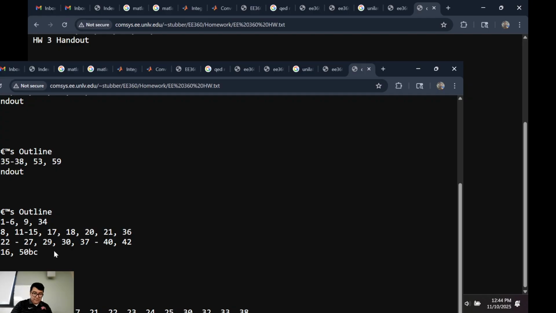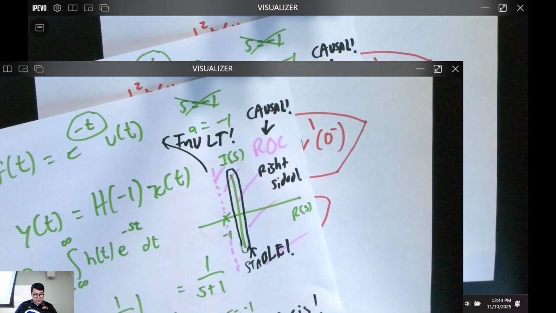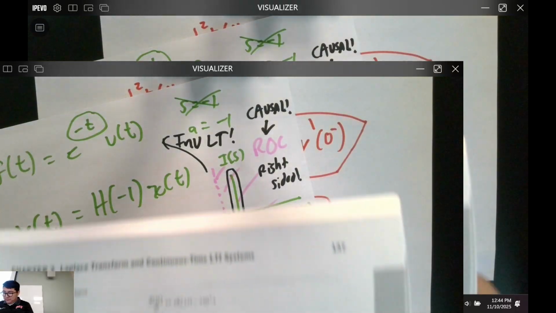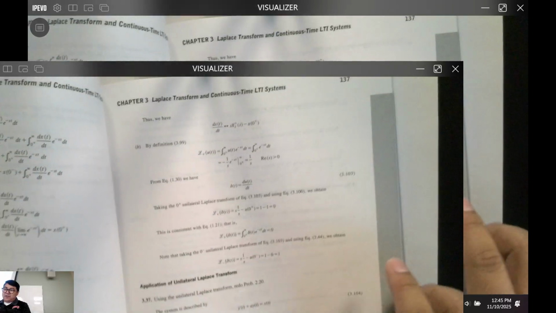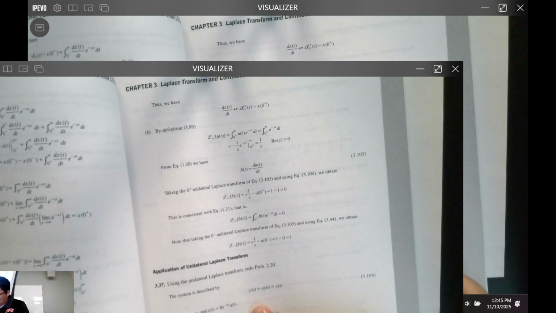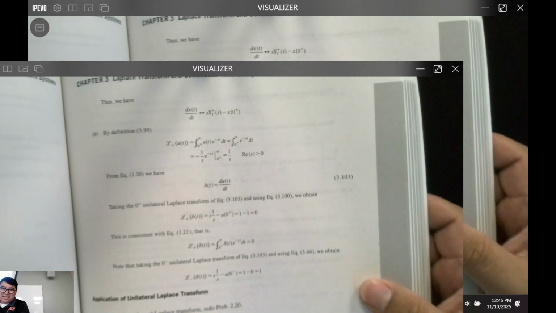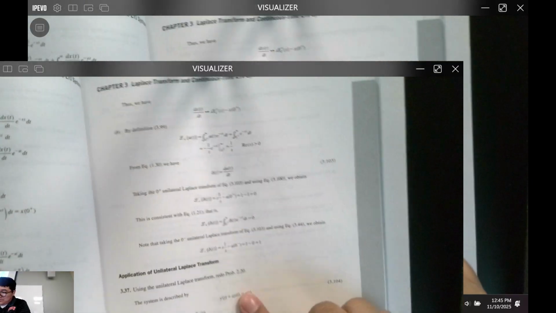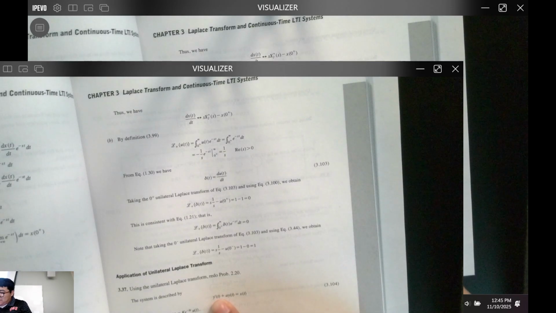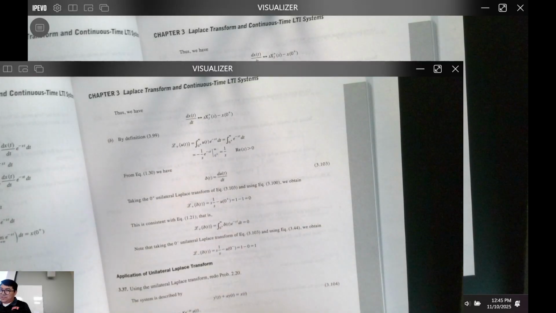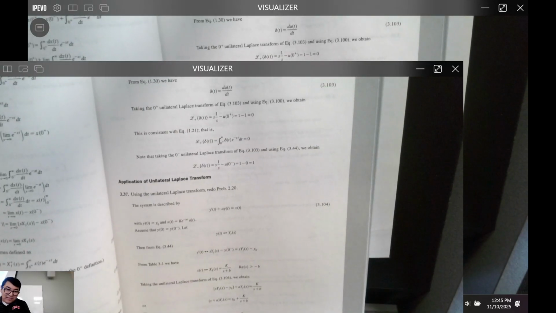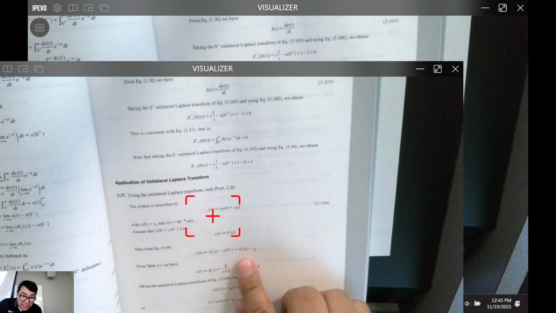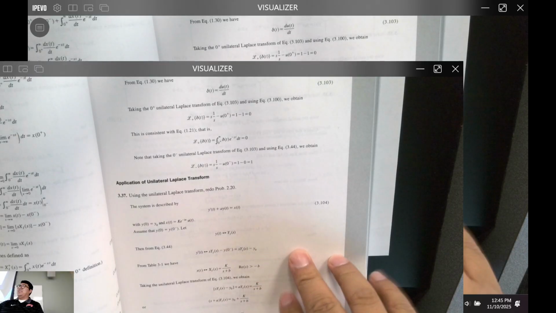Let me see. 37. See how it shows you, you're given some equation right here. I don't know if you guys can see that there. I don't want to show you that. Derivative of y at t plus a of y at t, right? You're given some equation, and you got to go over the solution, okay?